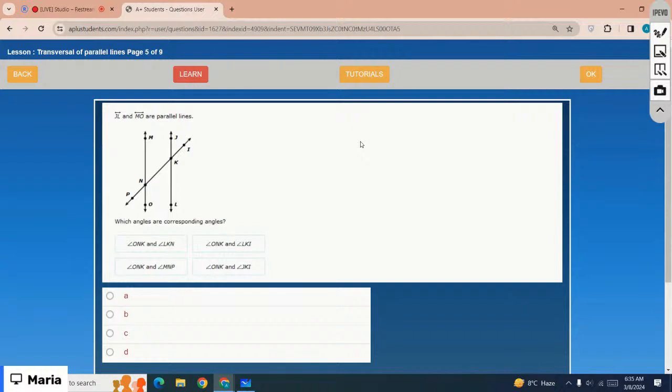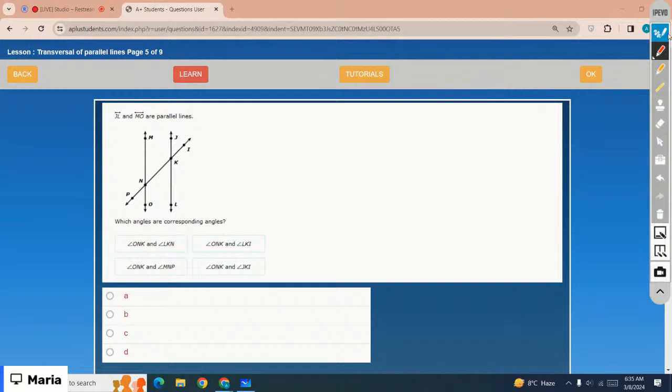Okay, JL and MO are parallel lines. Which angles are corresponding angles? Okay, let's see. ONK and LKN. ONK and MNP.